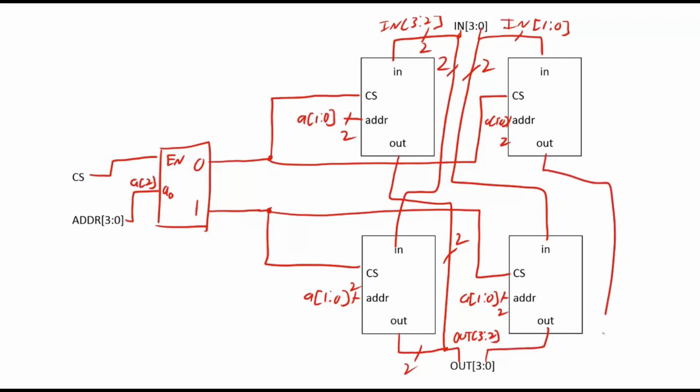So these 2 bits, these 2 bits, and this is out, 1 down to 0. And that's how you build your RAM chips.